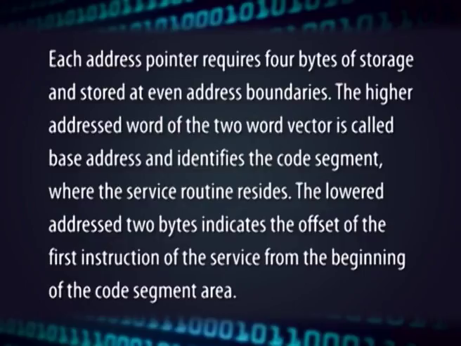The higher addressed word of 2-word vector is called base address and identifies the code segment where the service routine resides. The lower addressed 2 bytes indicates the offset of the first instruction of the service from the beginning of the code segment area. The first 5 pointers have dedicated functions.